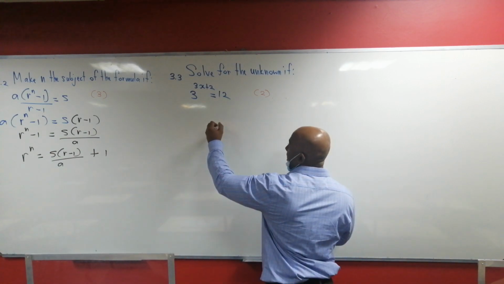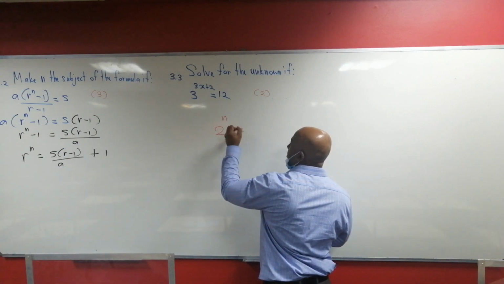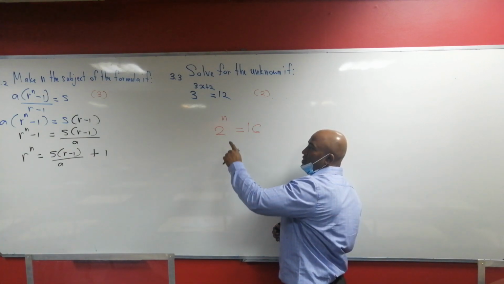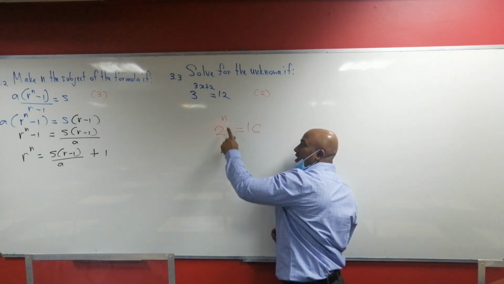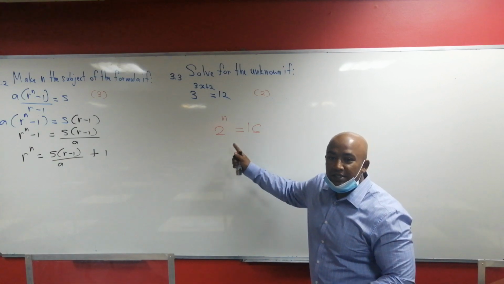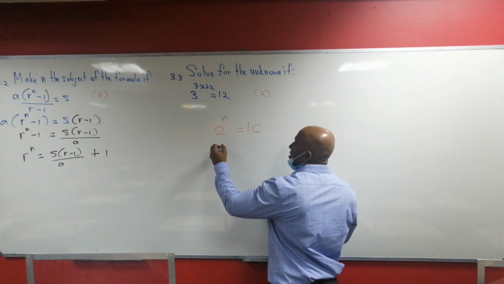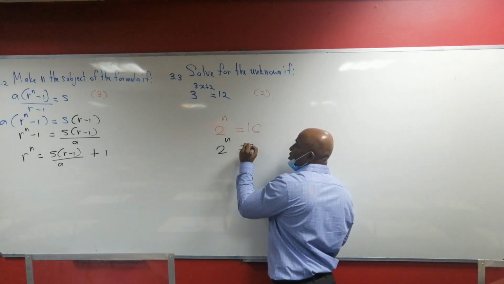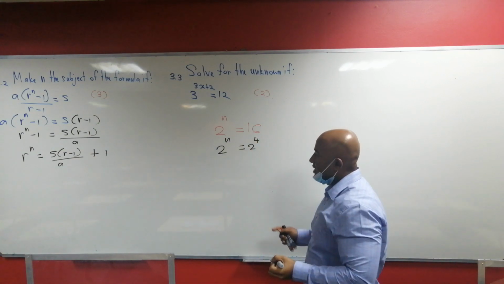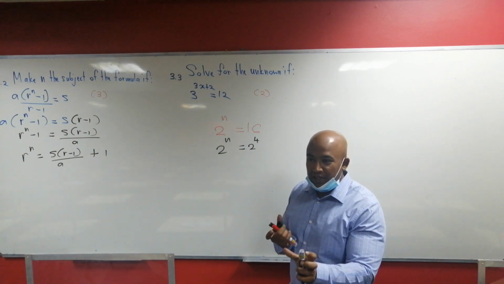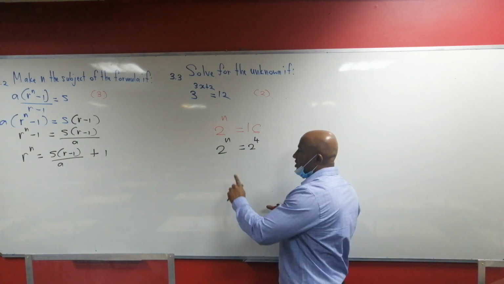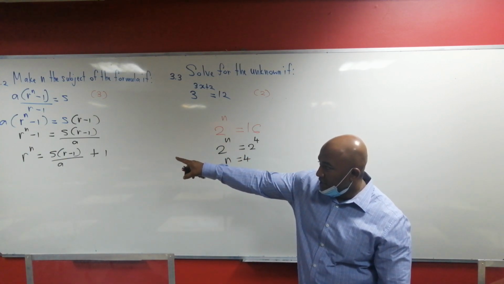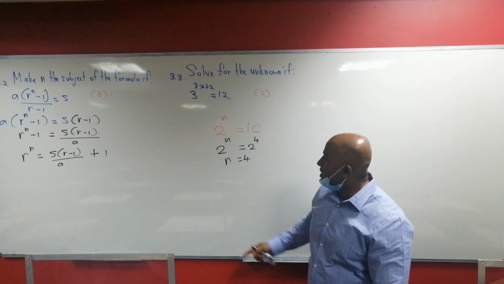Because if you had something like 2 to the power n is equal to, let's say, 16, then in order to work out n, I would try to make the bases equal. So this is 2 to the power n, and 16 can be written as 2 to the power 4. Here I am able to make the bases equal, so if the bases are equal, then we equate the exponents. The problem is, what happens when the bases are not equal?